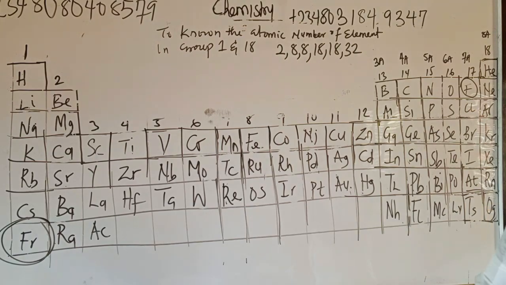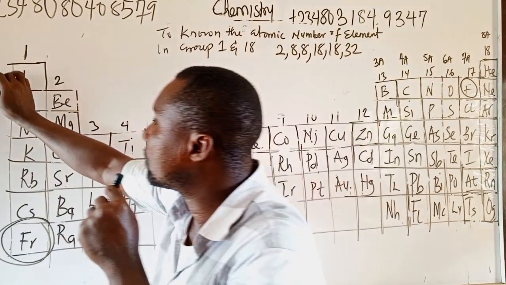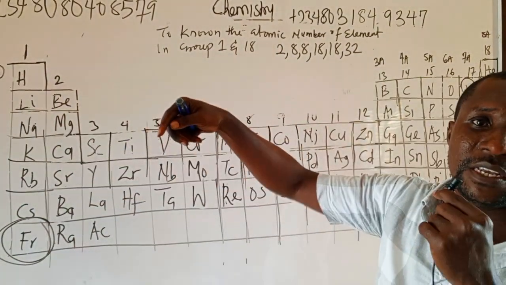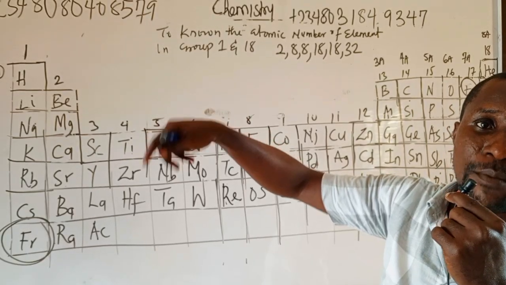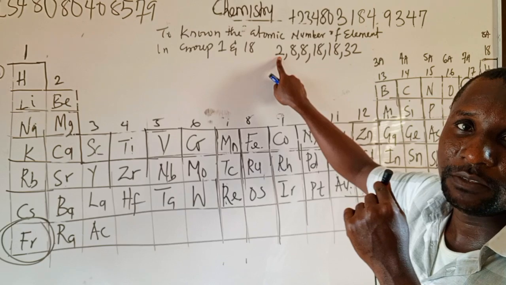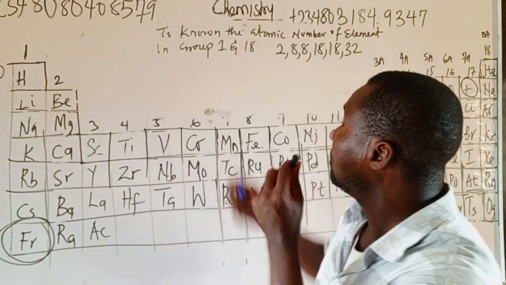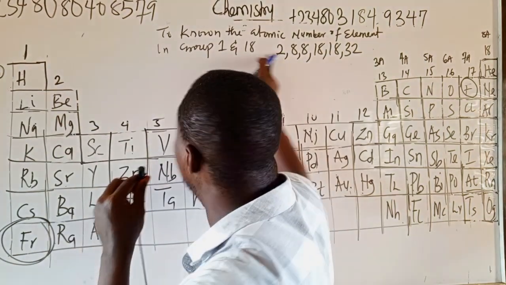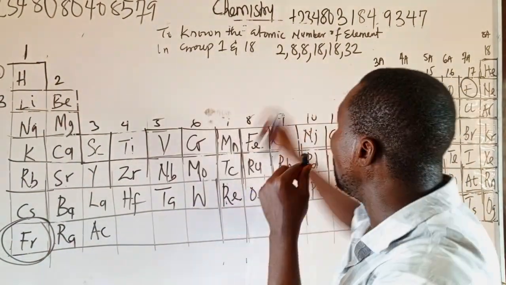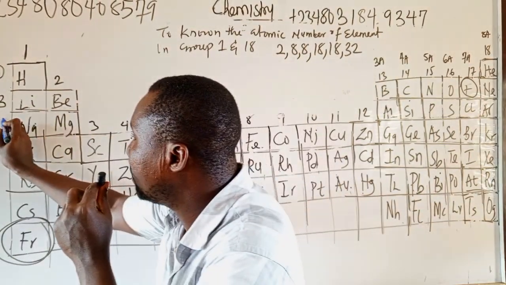Let us verify. What is the atomic number of hydrogen? 1. Then to know the atomic number of the next element in group 1, just add 2 to it. That means 1 plus 2, that is atomic number of lithium, 3. The next one, add 8 to lithium.